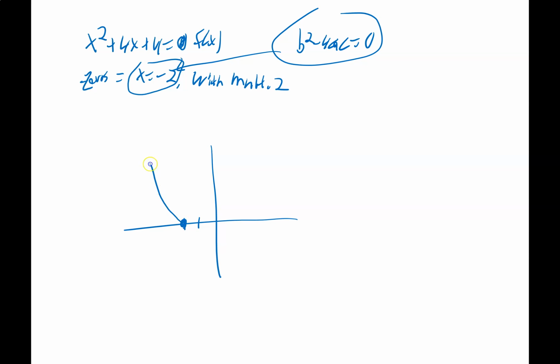This multiplicity of 2 happens when your discriminant is 0. And it also means that, graphically speaking, that is where your vertex is actually on the x-axis.